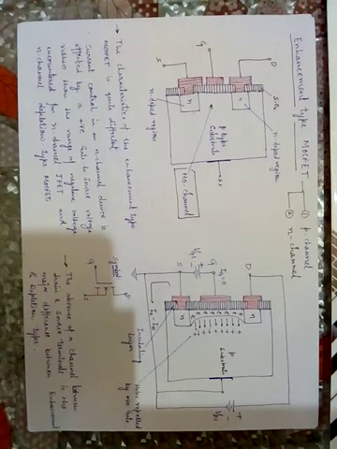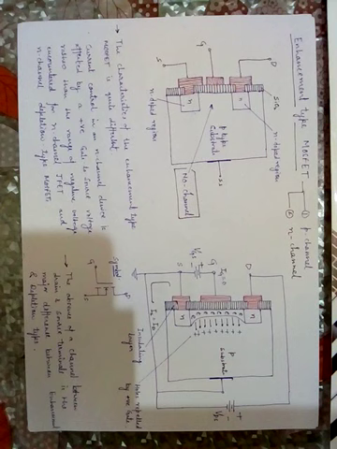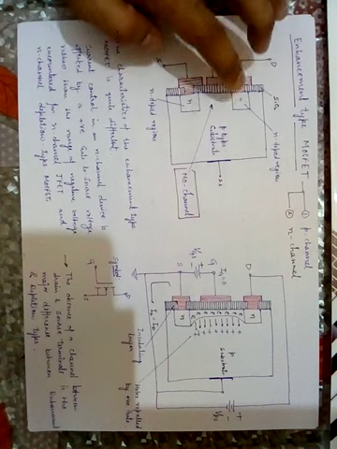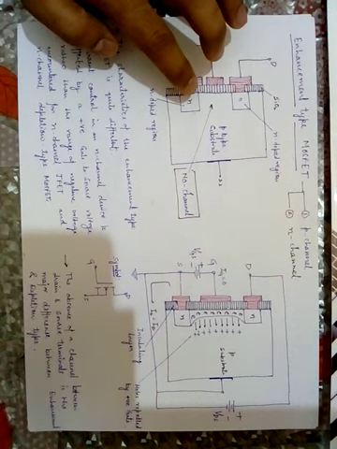Now, one thing is very clear, and conceptually you must know that without a channel it is not possible for electrons to move from one place to another. What does it mean? It means that if I apply a positive potential at the drain, an electron would like to travel from drain to source.